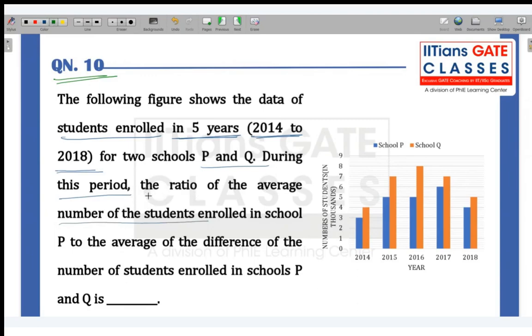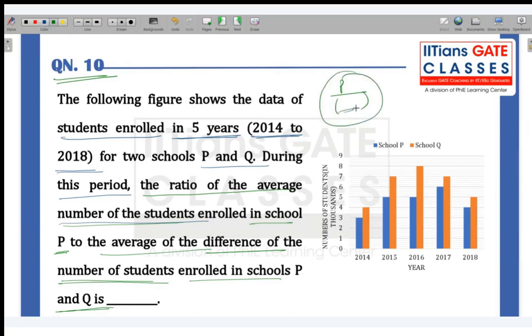The ratio of the average number of students enrolled in school P to the average of the difference of the number of students enrolled in P and Q. So you have to find the difference first, then the average of the difference, and put that in the ratio. Otherwise, many students try to find P by Q. That is wrong. So let's move to the options.